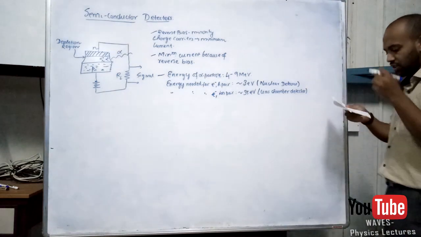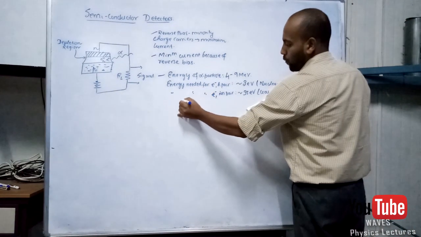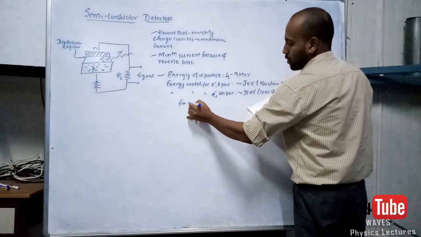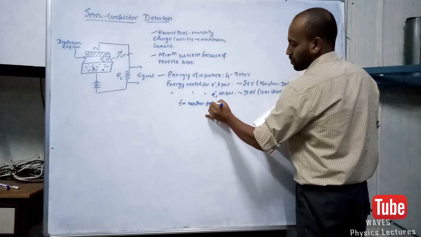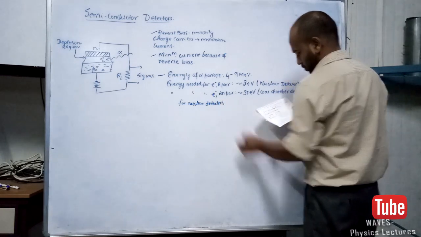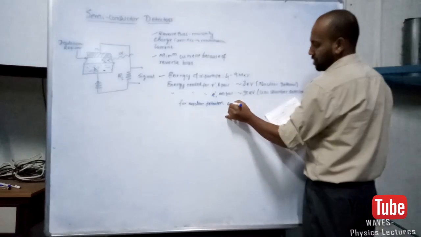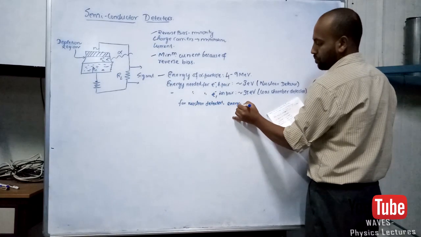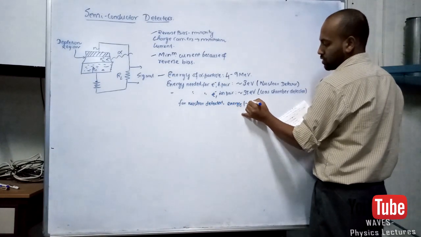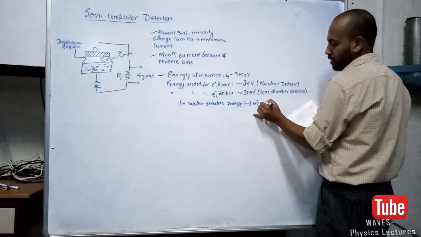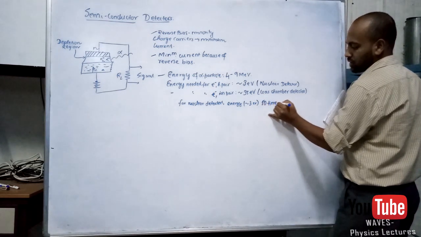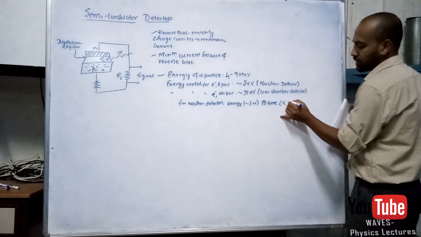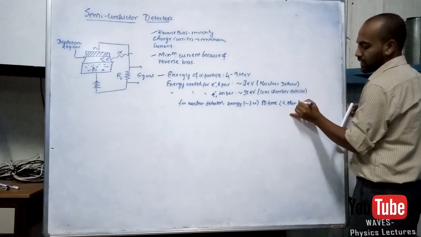For nuclear detectors, the energy, which is 3 eV, is 10 times lesser than gas detectors.